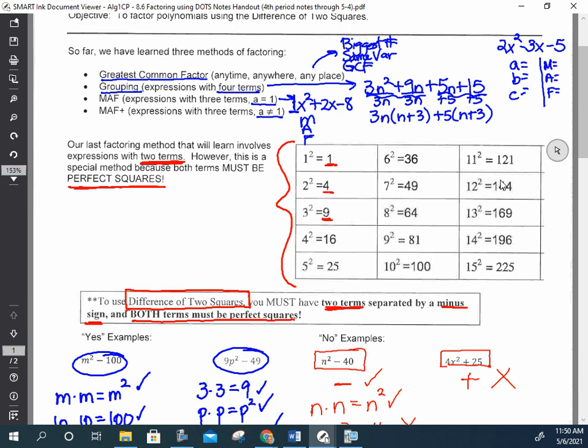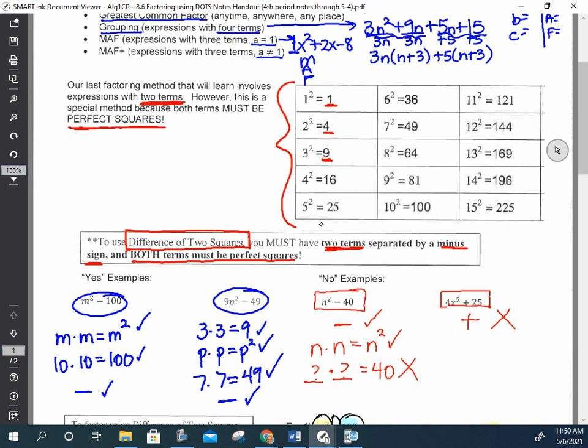So, difference of two squares. To solve using the difference of two squares, we need three things to take place. Number one, you must have two terms. Number two, you must have a minus sign in between.